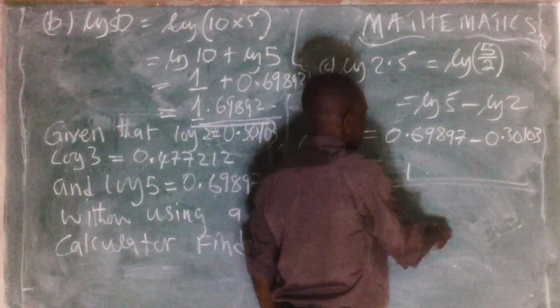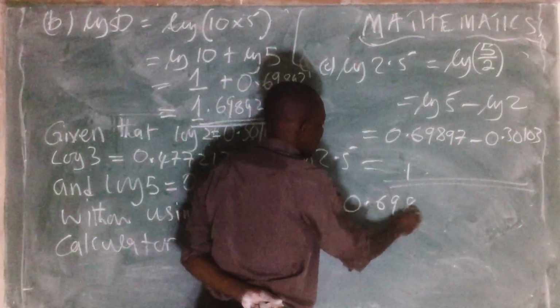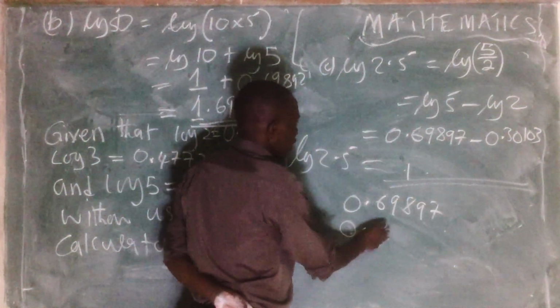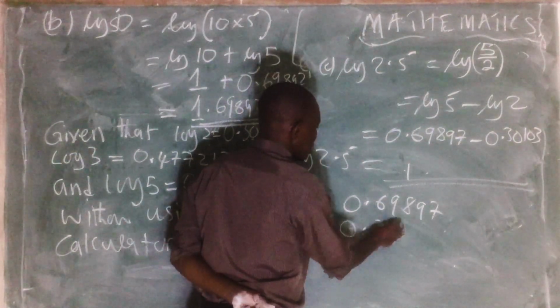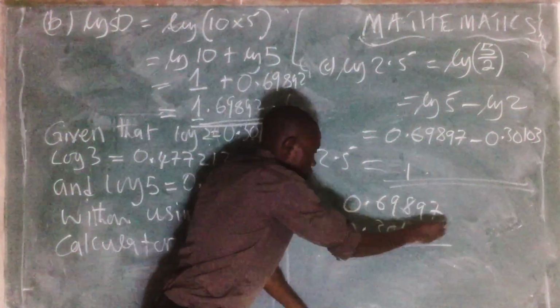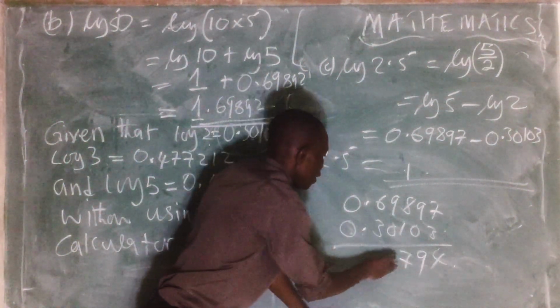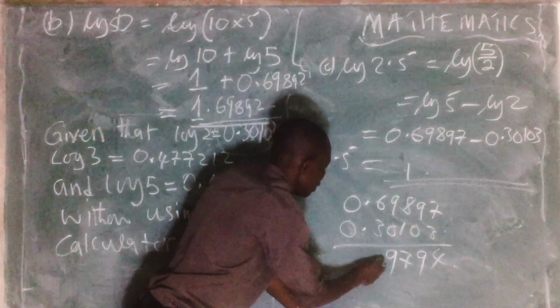I think we can just subtract it directly here together. Log of 0.69897 minus 0.30103. So what do you have here? 7 minus 3, you get a 4, here you get a 9, here you get a 7, here you get a 9, here you get what?